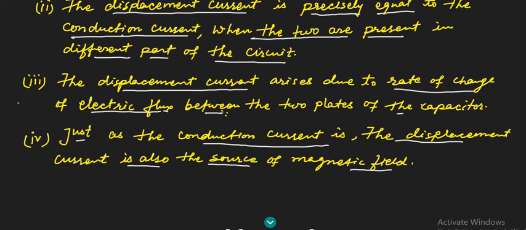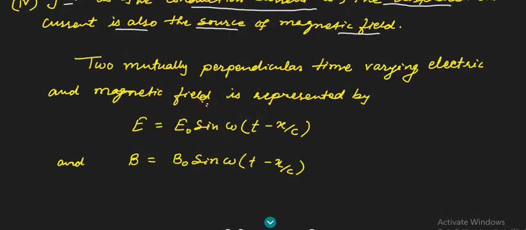Now I am going to write the equation of electric field and the magnetic field. Equation of electric field is E equal to E naught sin(ωt minus x by c), and equation of magnetic field B equal to B naught sin(ωt minus x by c). These two are mutually perpendicular time varying electric and magnetic fields.